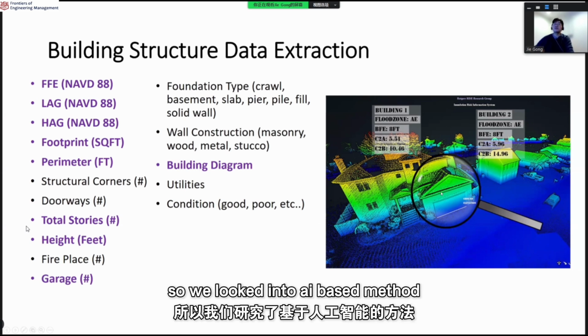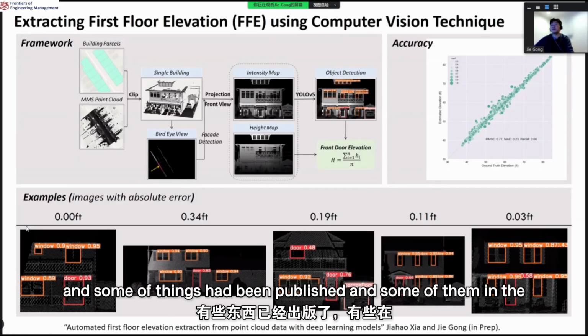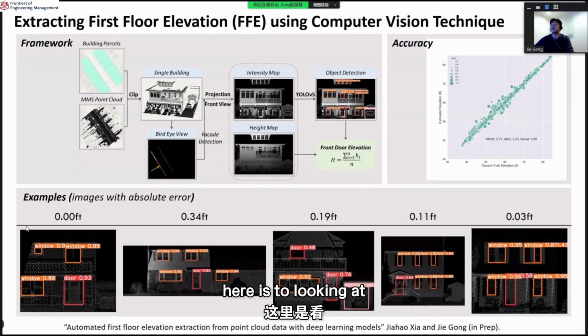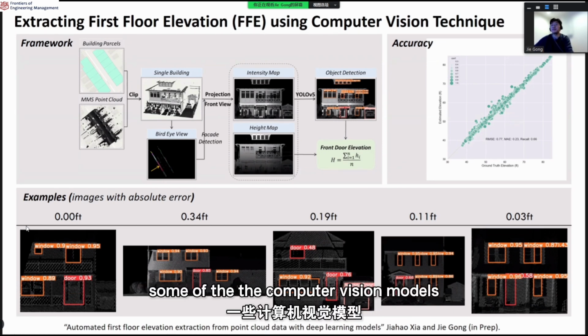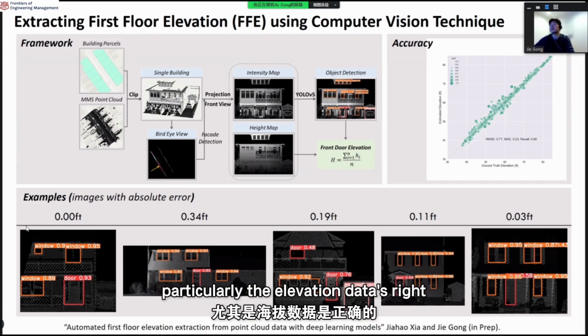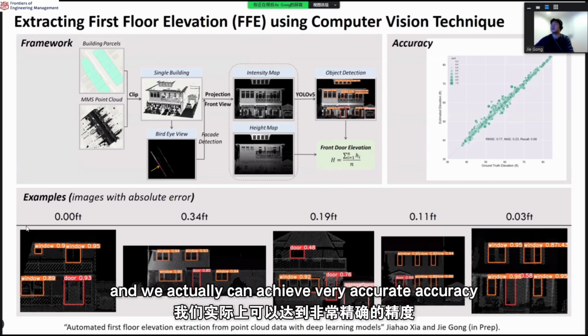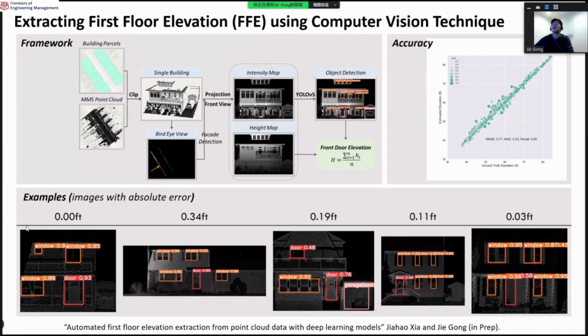Okay. So we look into AI-based methods, some of which have been published and some of which are in process, using computer vision models to extract the building attributes, particularly the elevation data, like the first floor elevations. And we can achieve very good accuracy across larger regions.